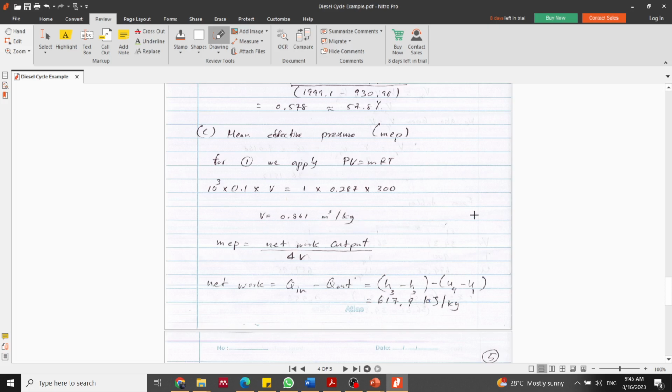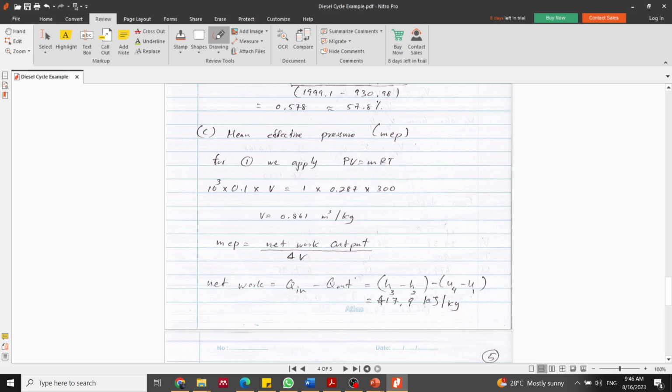Okay. Then MEP is network output divided by delta V. Now the network output we can calculate using Q in minus Q out. The Q in is H3 minus H2, and Q out is U4 minus U1.